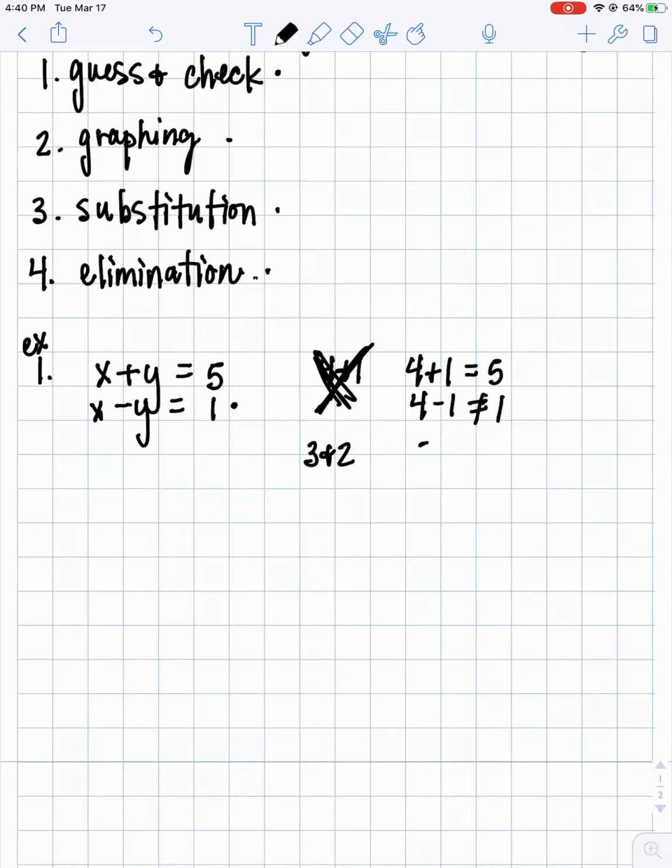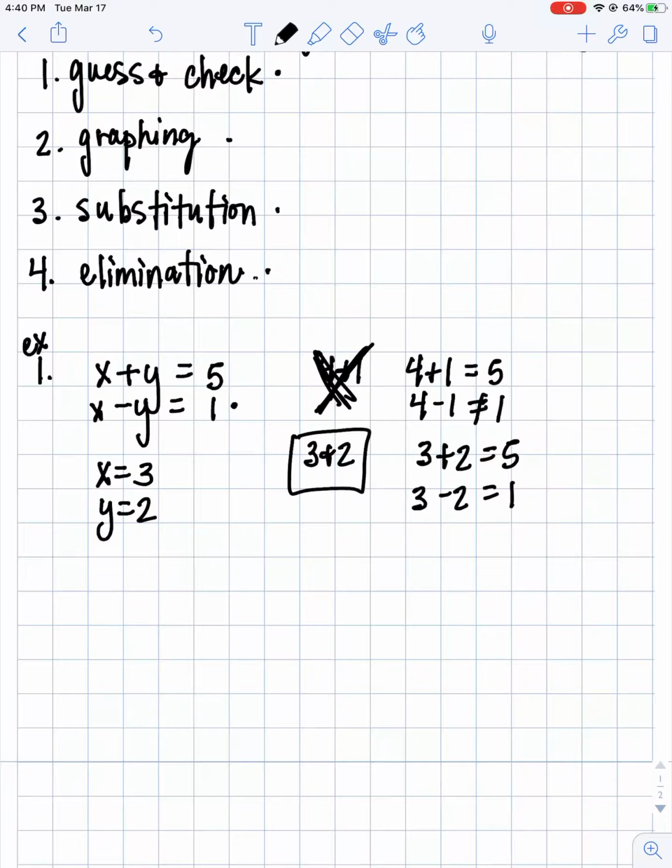You may say 3 and 2. 3 plus 2 does give you 5. You're exactly right. And 3 minus 2 does give you 1. So you're exactly right. 3 and 2 are the answers, but you have to specify which variable is which. And those of you can already tell x equals 3 and y equals 2.